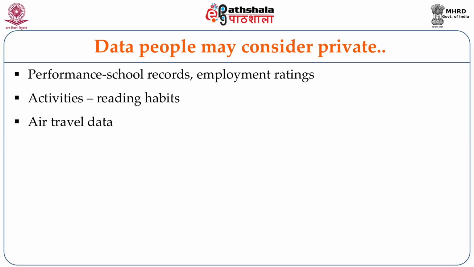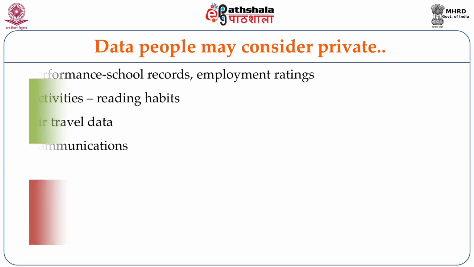There are air travel data, general travel data, a person's location. There are certain communications that have taken place: email, telephone calls and spam. So we have seen the list of the data which people may consider private.